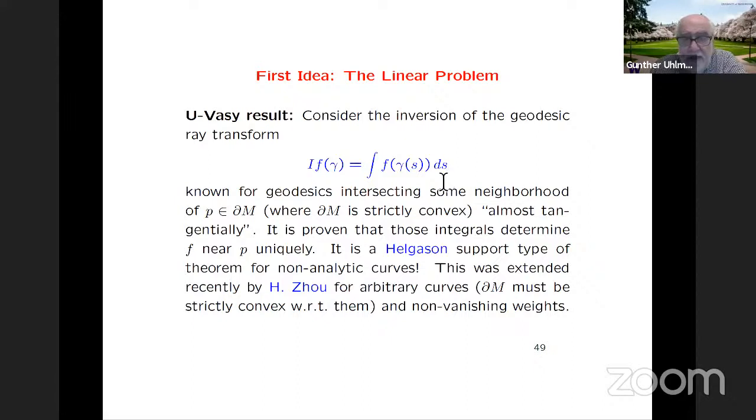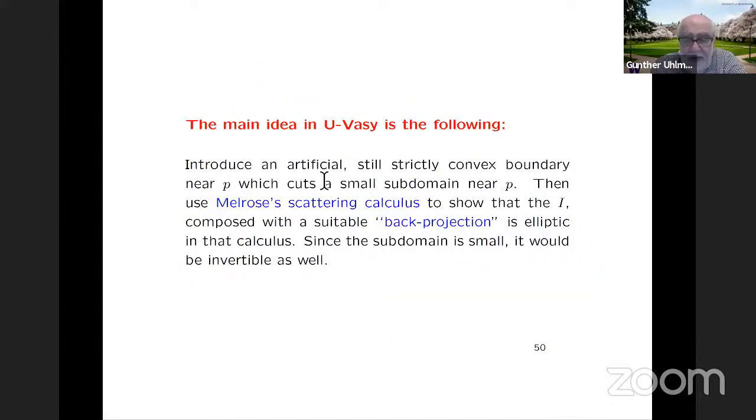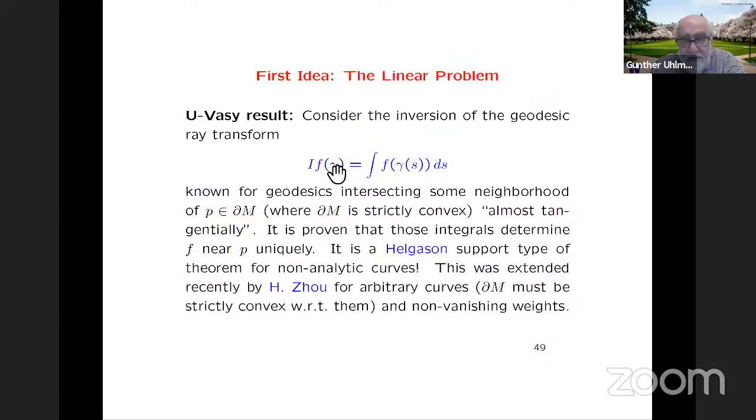So what's the idea of this? The problem to do this locally is that you try to take I star I here, or you have to cut it up, because you only know this for some geodesics, not all geodesics. It's a non-local formula.